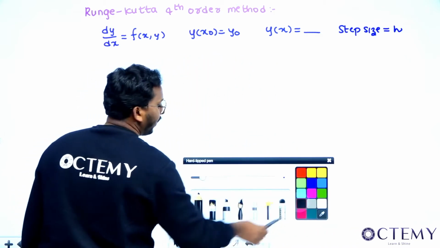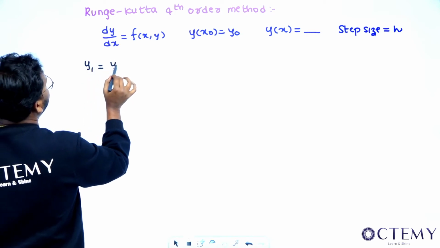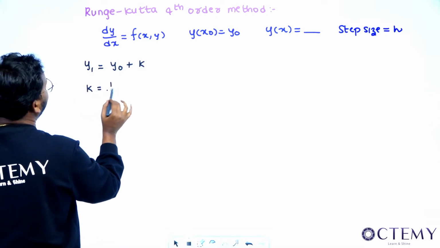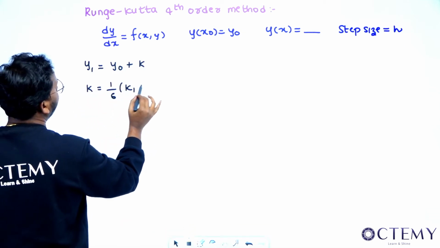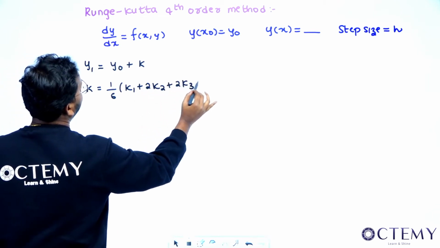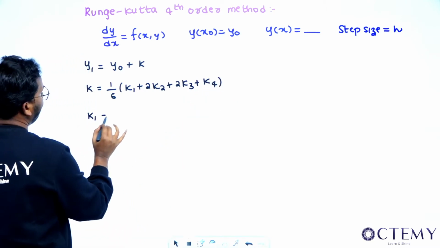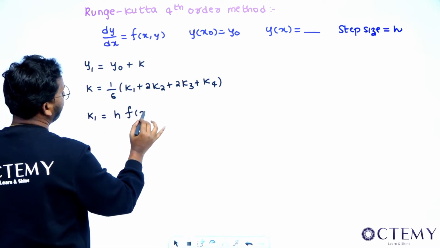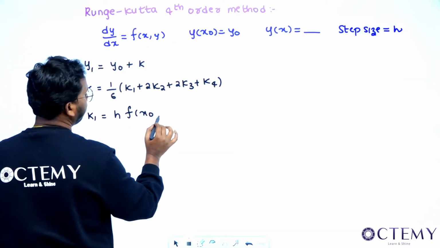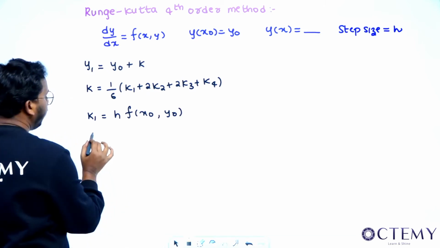Now if you want to find y1, y1 will be y0 plus k. What is the k here? The k here will be 1 by 6 times k1 plus 2k2 plus 2k3 plus k4. What will be the k1 value, sir? K1 will be h times f of x naught comma y naught. Next, what will be k2, sir?